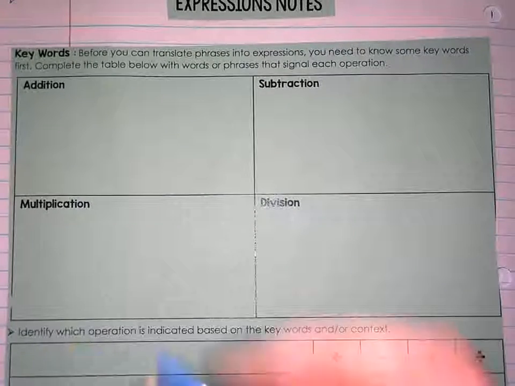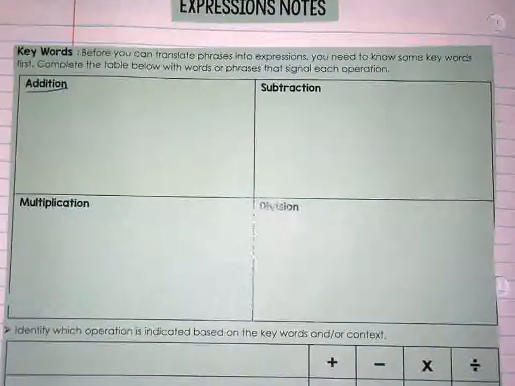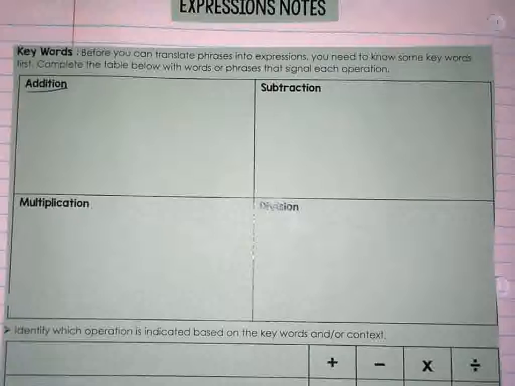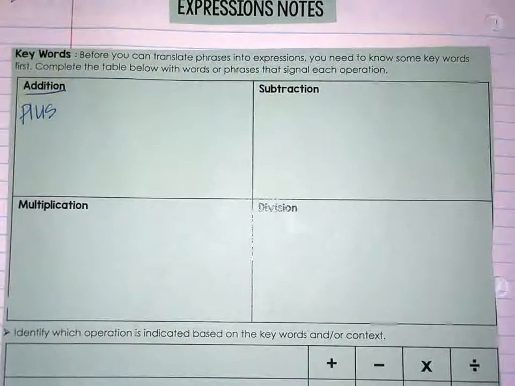Give me one, Peyton. Okay, but words. Addition. Got it written right there. So what means addition? That's not the word addition, but it means addition. McKenna? Plus. We're used to seeing that word. What's another word we're used to seeing, Peter?